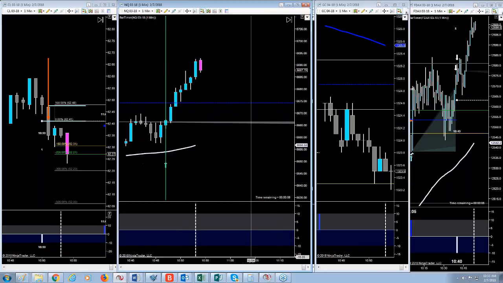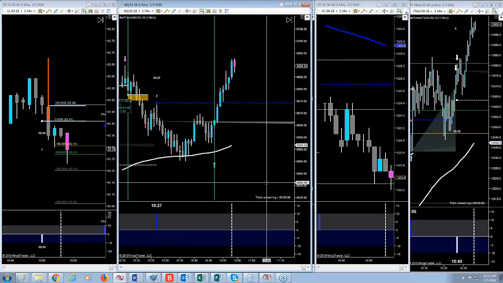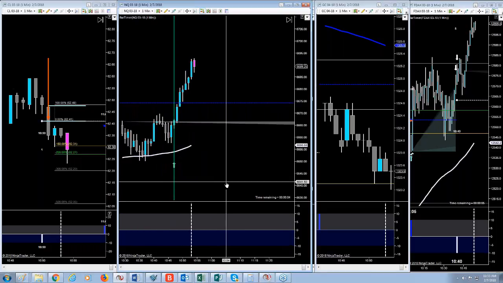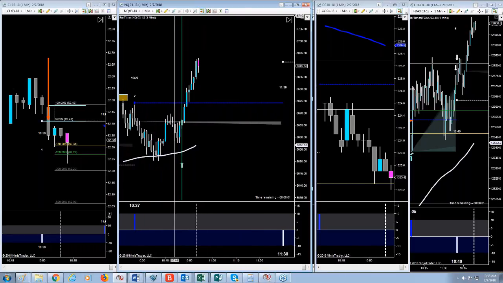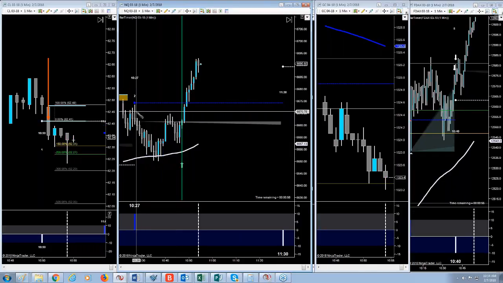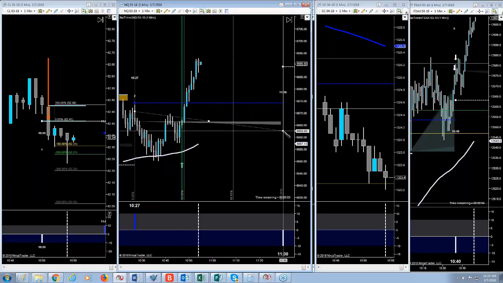NQ, we don't have another signal until 11:30. The NQ will rise until right here.